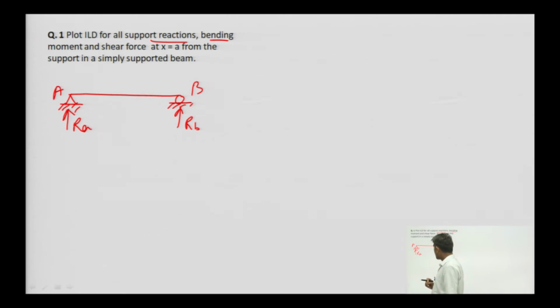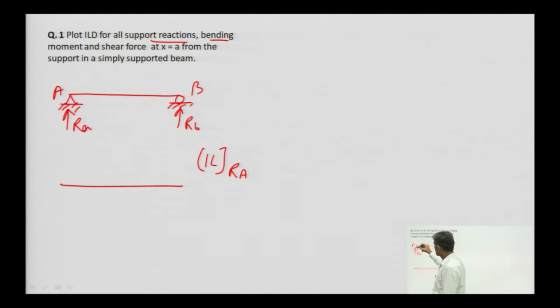First of all, to plot the IL for RA, we need to release. What are the steps? Steps are actually 3. First, release the vertical restraint at that point. I am going to plot the IL for RA.